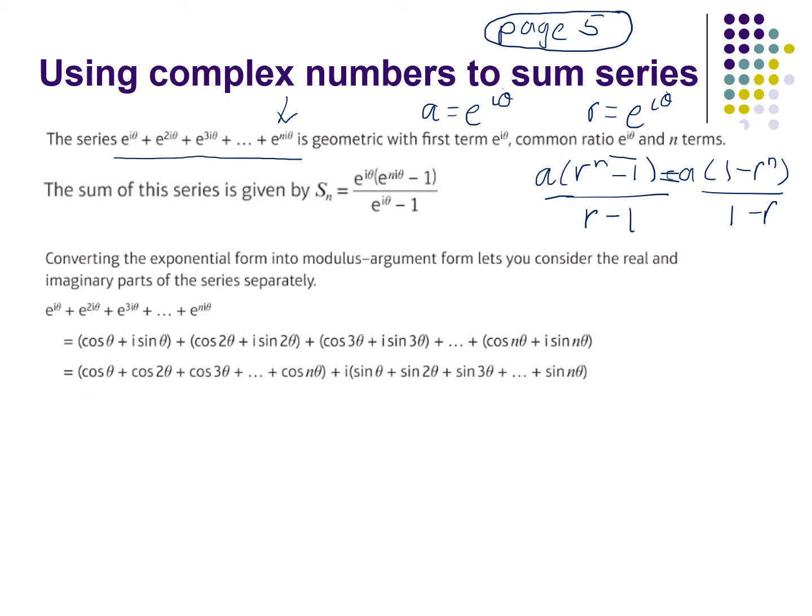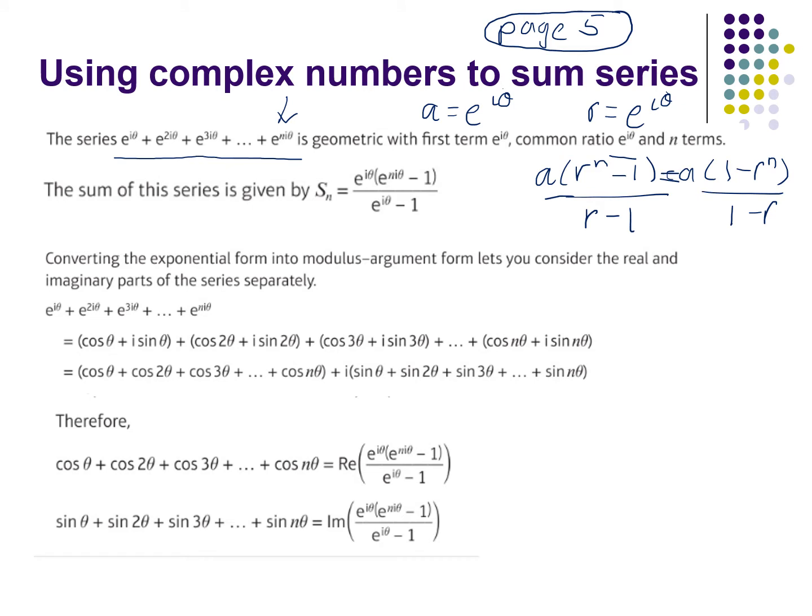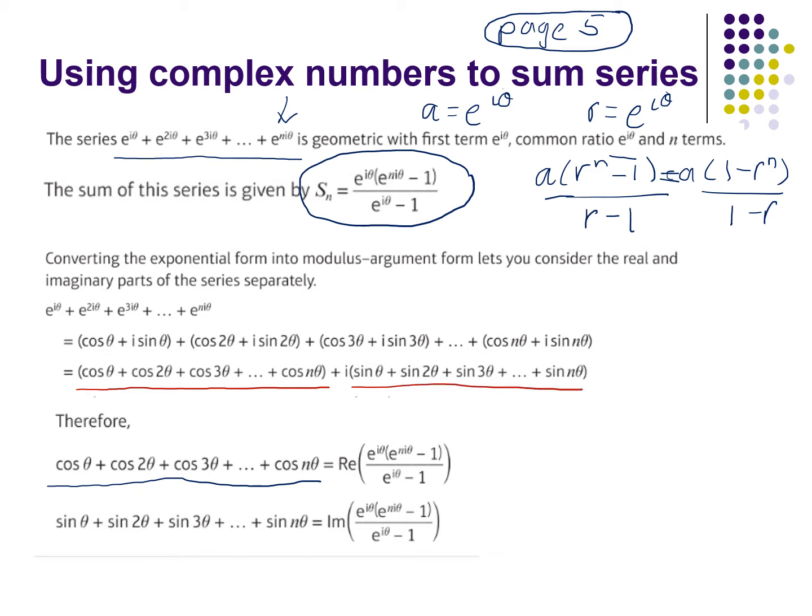So what that tells us is if we can sum this series here and get this expression, then if I want to sum something that looks like the cos bits, I can find that sum. And can you see from this line up here that the cos bits are the real bits of that sum and the sine bits are the imaginary bits of that sum?